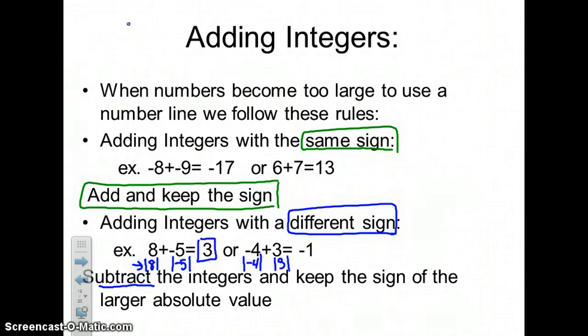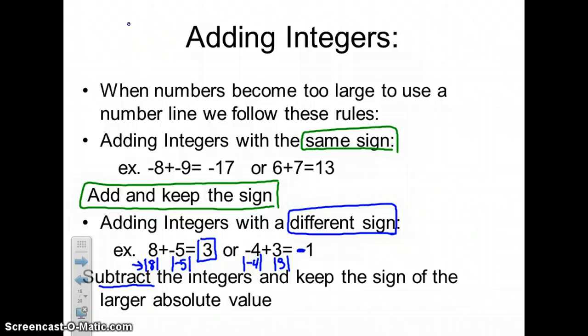So 4 has the larger absolute value. So that means the negative value has to stay with my answer. So my answer is then negative. If I owe somebody $4 and I have $3 in my pocket, I don't have enough money to pay the debt. I'm $1 short of paying the debt, so we keep it negative.